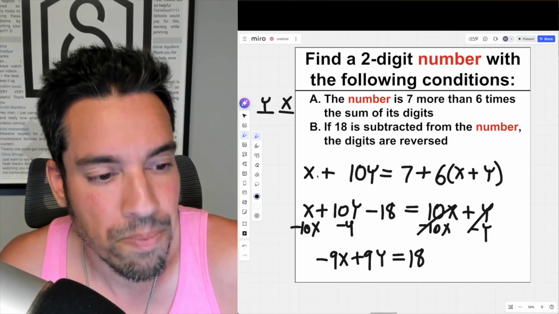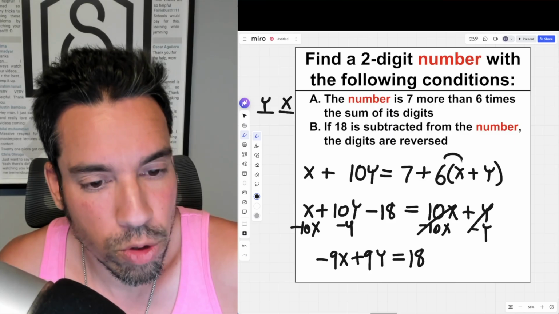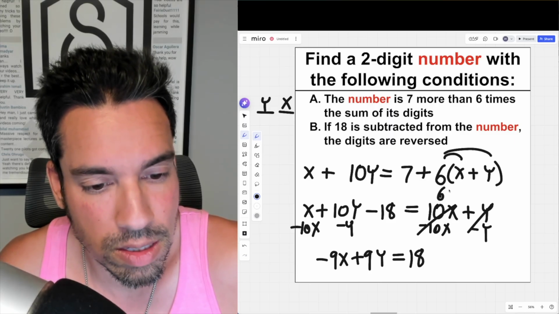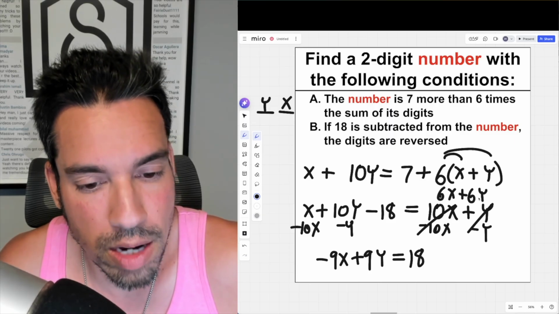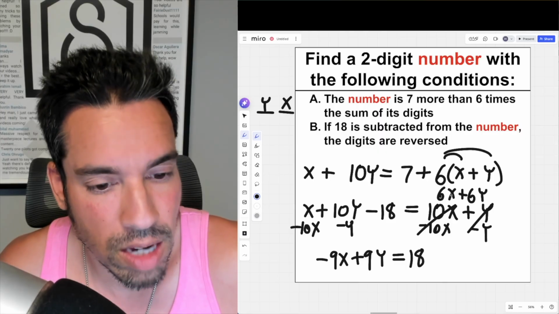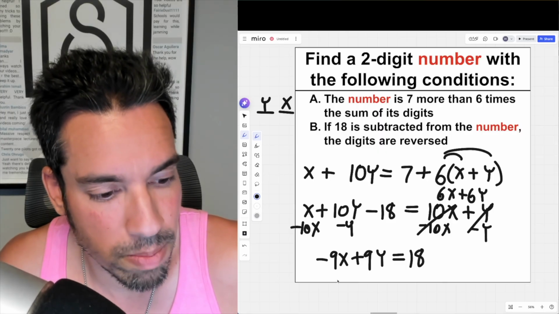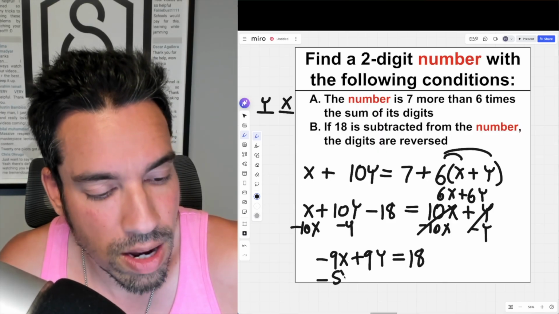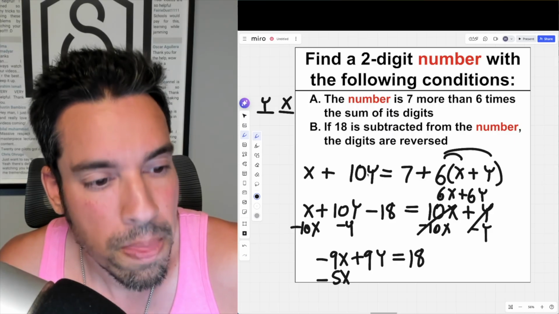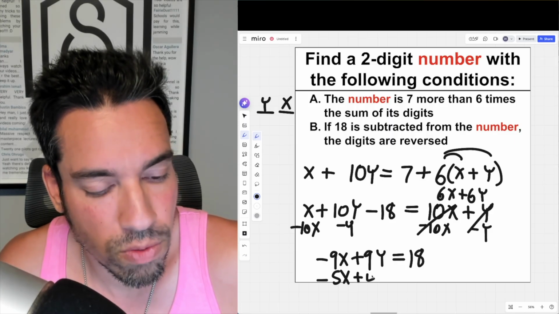Now what about this one? We're going to do the same thing, but first we've got to distribute that 6. That's going to give me 6x plus 6y, and then we're going to bring these to the left-hand side. If I subtract 6x from x, I get negative 5x. If I subtract 6y from 10y, I get 4y. And then we're going to keep that 7 over here.